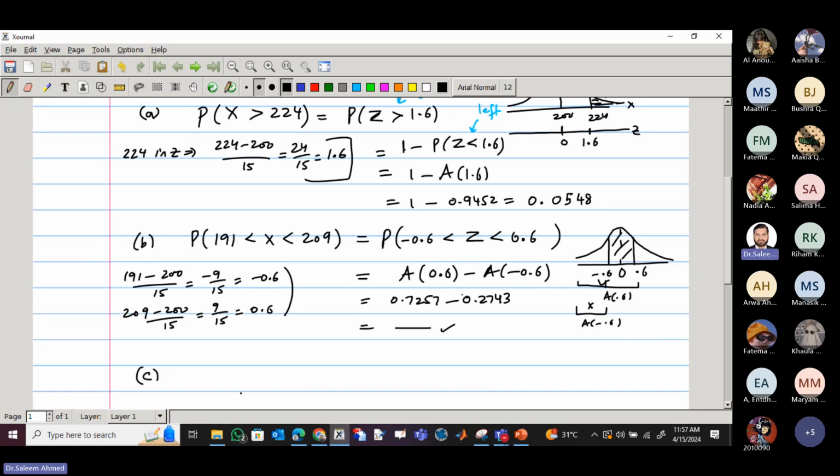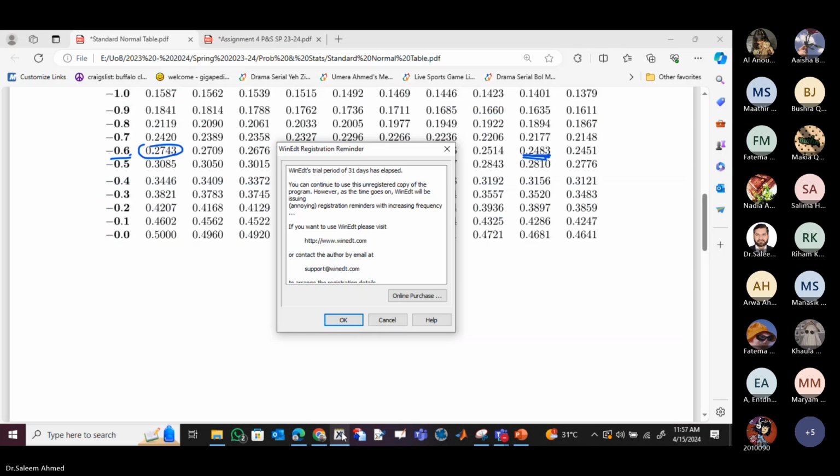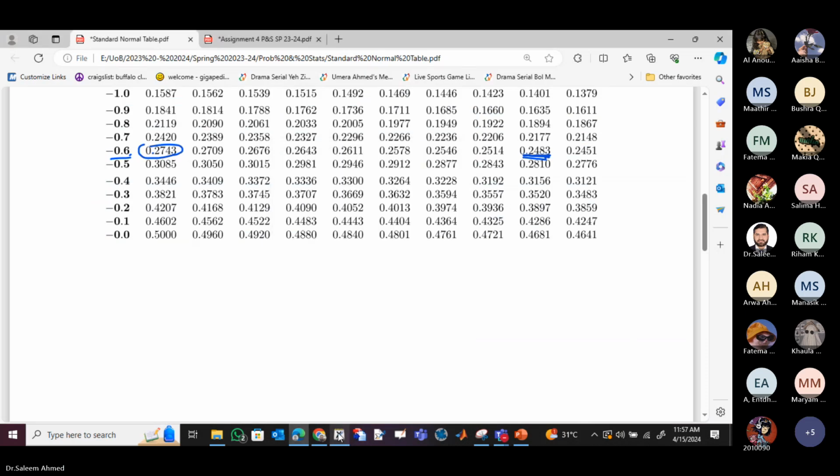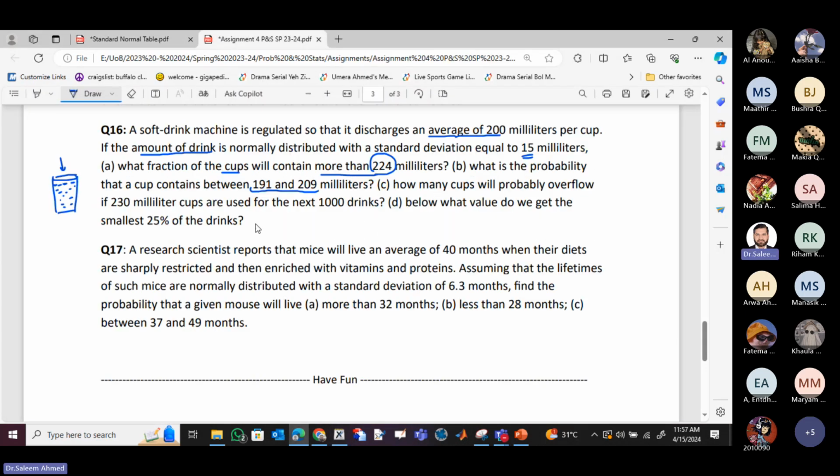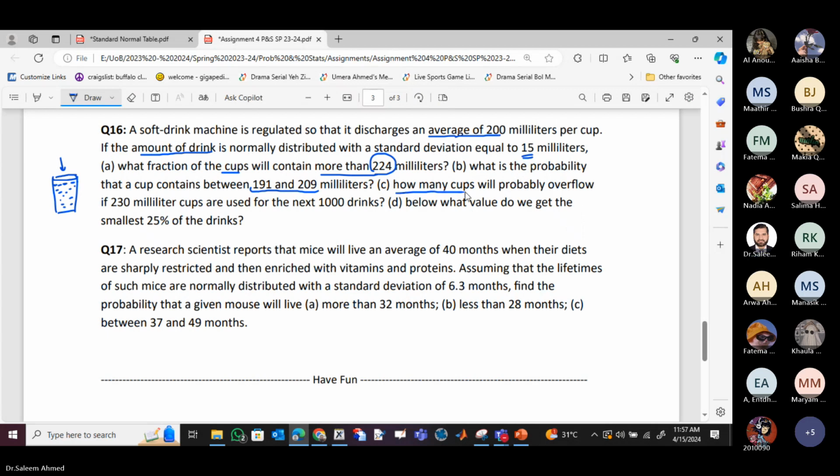Then the C part. C part is how many cups will probably overflow if 230 milliliter cups are used. So see, the cup has a capacity of 230 milliliters. They said, what is the probability that it will overflow, right? How will it overflow? When X becomes more than 230, right?